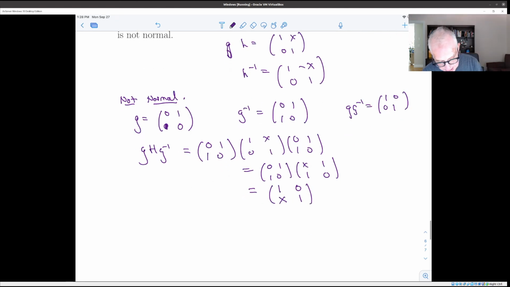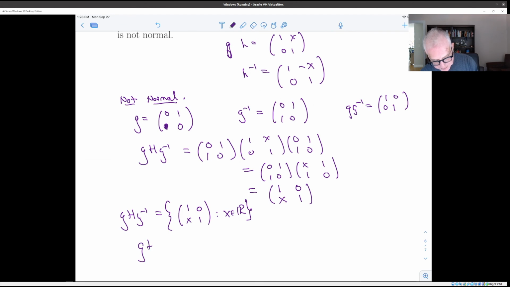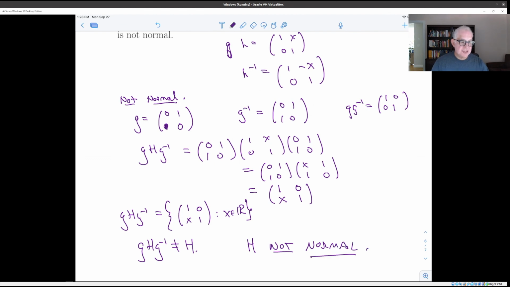And so the subgroup GHG inverse is the collection of matrices [1, 0; x, 1]. And these are certainly different. So this subgroup H is not normal. So that gives just a couple of other examples of non-normal subgroups.